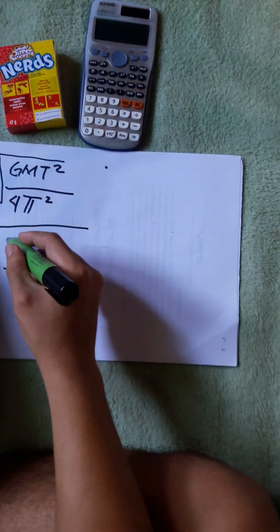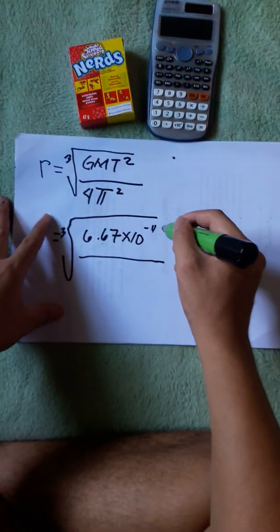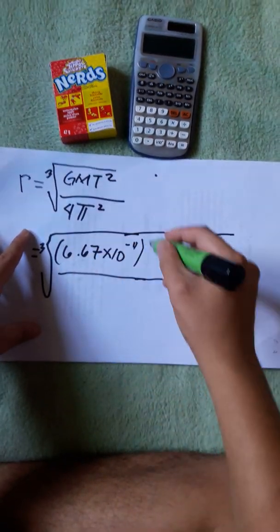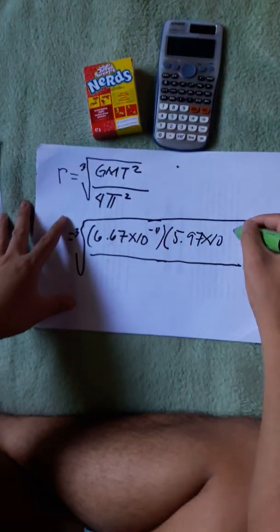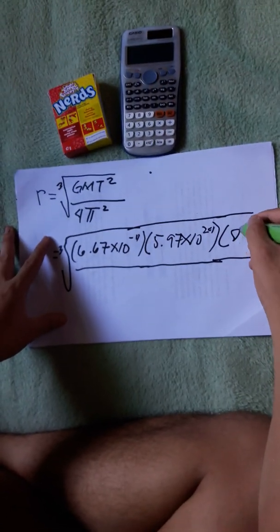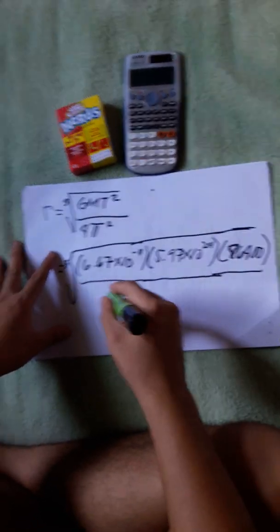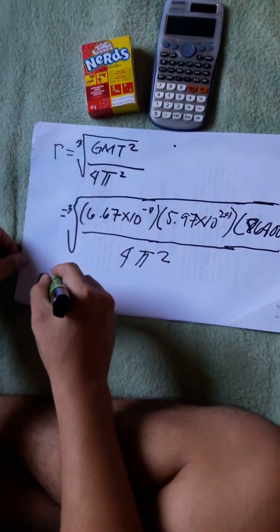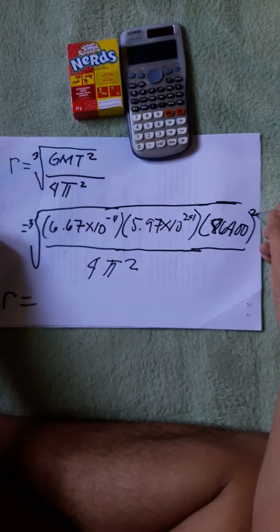So G is 6.67 times 10 to the negative 11, while M is 5.97 times 10 to the 24, and T is 8,600 seconds, squared, over 4 pi squared.